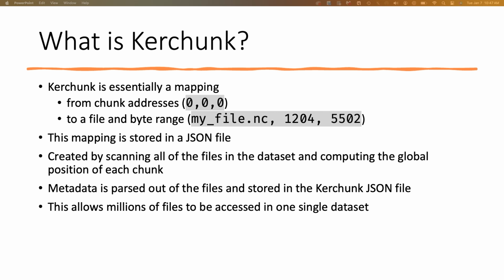You retrieve all the metadata, you compute the position of each chunk in the larger, global data set, right? And then, once you parse out all this metadata, you store this information in the Kerchunk JSON file. And this allows, theoretically, millions of files to be referenced and accessed from this one single data set.